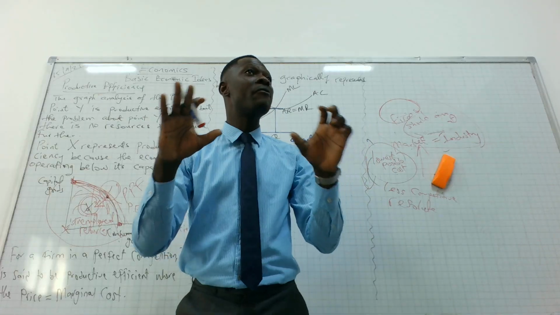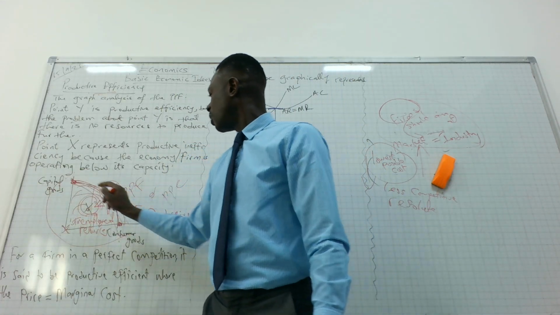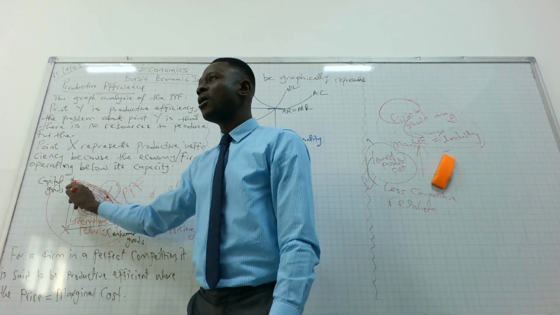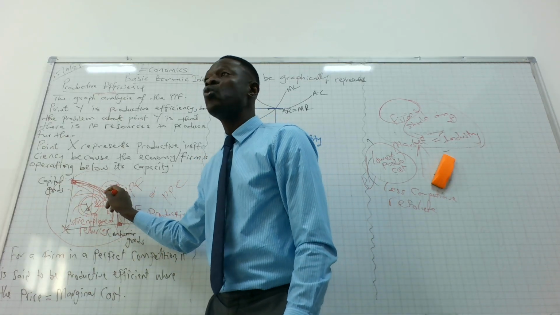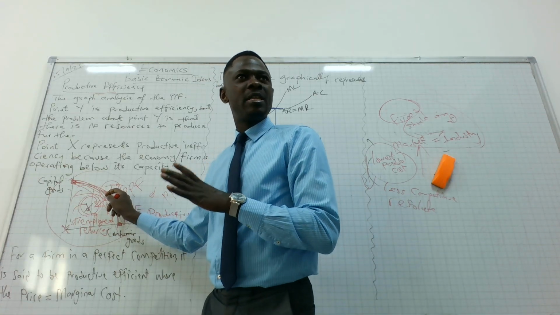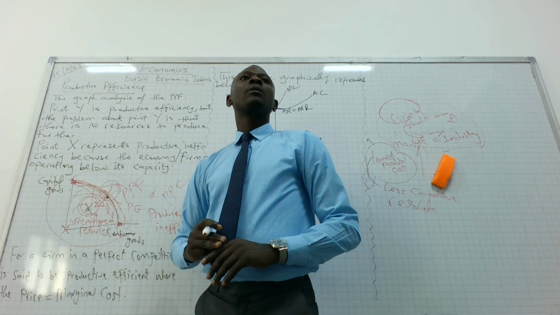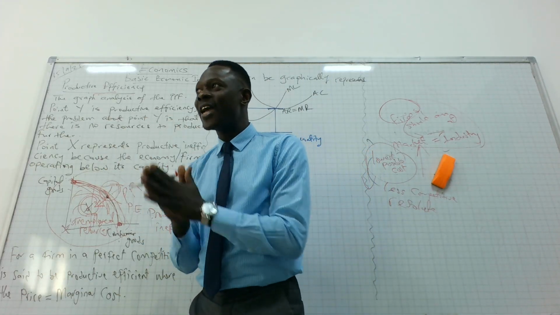So that means we have used all our resources, either on this, or in between both. So we can't go further. We can't shift outward. That is the problem about this. Do we get the point I'm making? Yeah, we can't move beyond because there are no more resources to use. That is the problem about point Y.